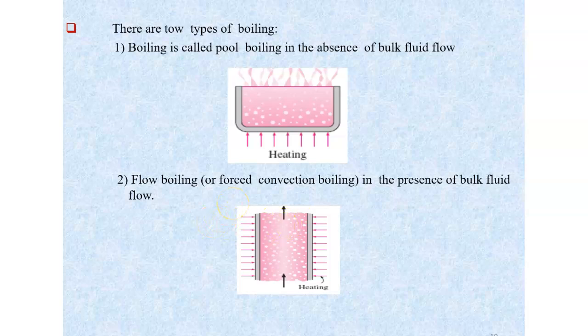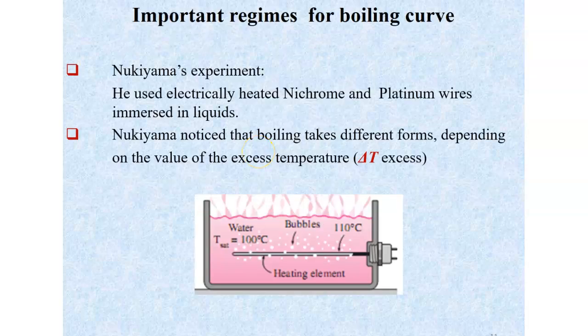Alright, to study boiling, there is a person who already studied it in detail, named Nukiyama. In his experiment, he used electrically heated nichrome and platinum wire immersed in a liquid.